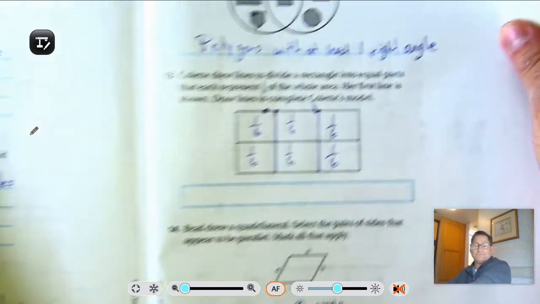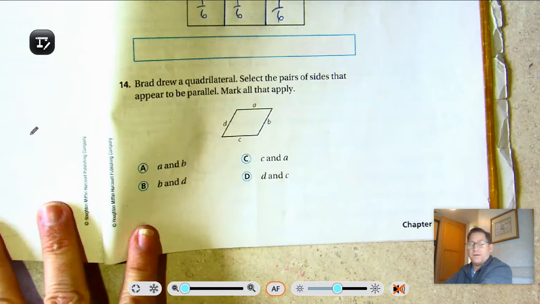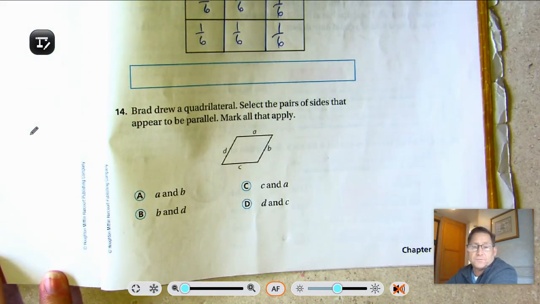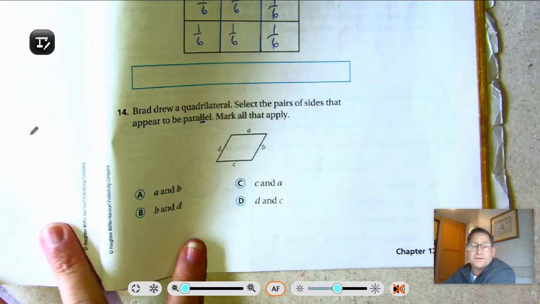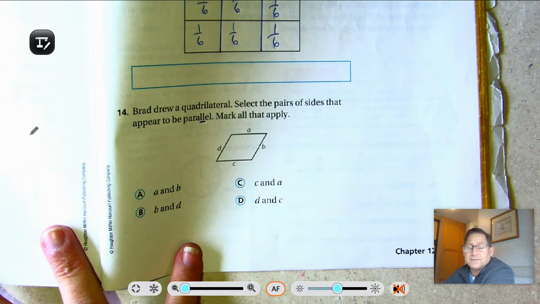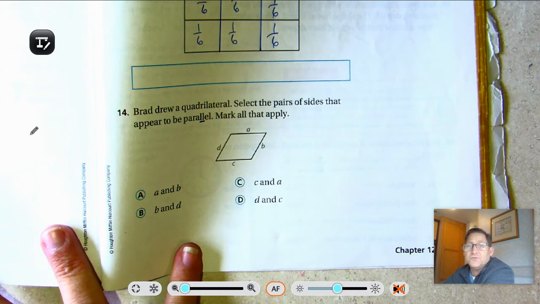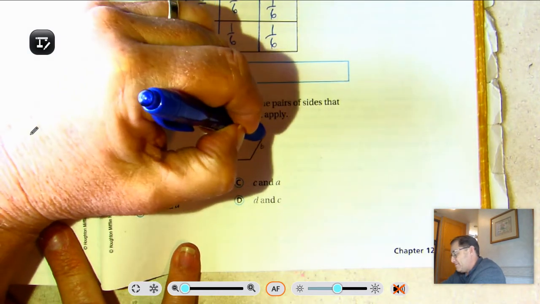All right, 14. Brad drew a quadrilateral. Select the pairs of sides that appear to be parallel. Parallel. 2 lines that are equal distance apart and do not ever meet. Okay, A and B. A and B meet right there.